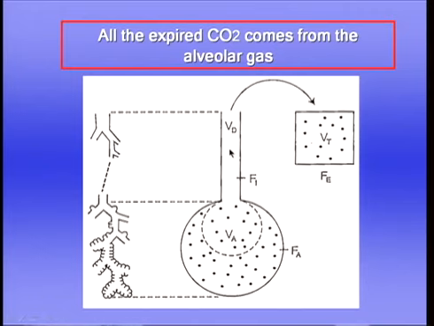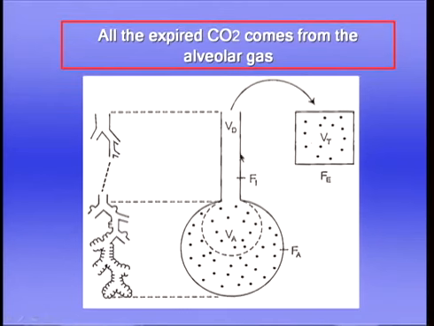But of course the dead space doesn't contain any CO2. Why? Because the dead space contains the inspired gas from the previous breath left behind. There are no alveoli in the dead space, no gas exchange. Indeed, that's why it's called dead. And so there's no CO2 here. So all the CO2 in the expired gas comes from the alveolar compartment.